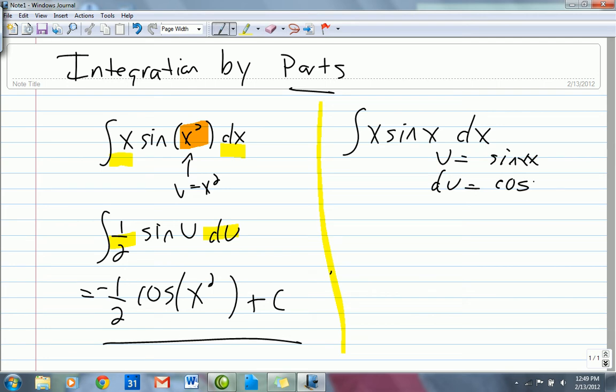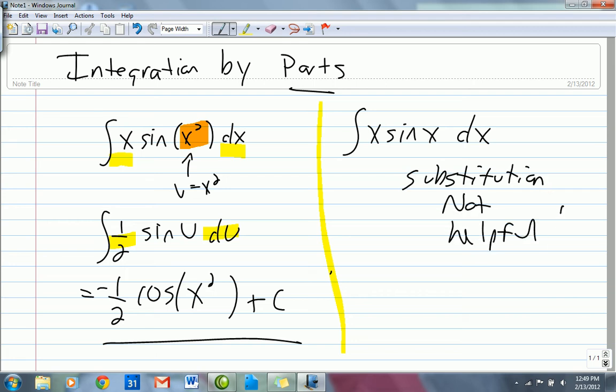Du would be cosine x dx, and that's not going to get rid of that x right there. I guess we can solve for x from sine of x, but that will give us an inverse sine function, which is even messier than what we have here. So parts is going to be required. Substitution is not helpful. Substitution just doesn't work. Rest assured there is a technique, and it's called parts.